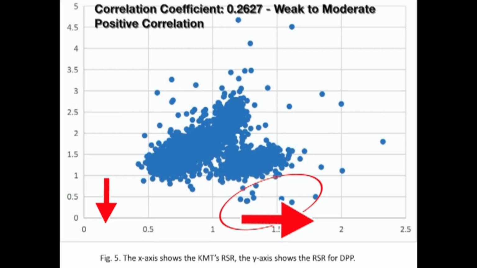That is, the KMT support is increasing by about the same amount as the DPP support rate is decreasing. If the election was normal, those dots would be a part of a negative correlation graph, but we didn't see very many normal areas in this election, so that's why it's almost entirely positive.